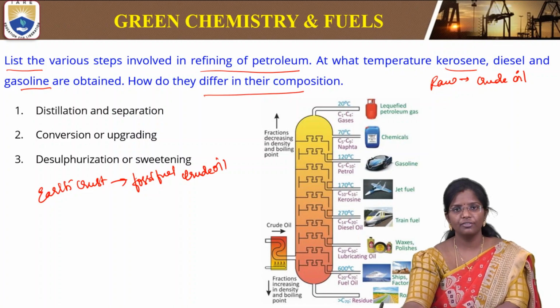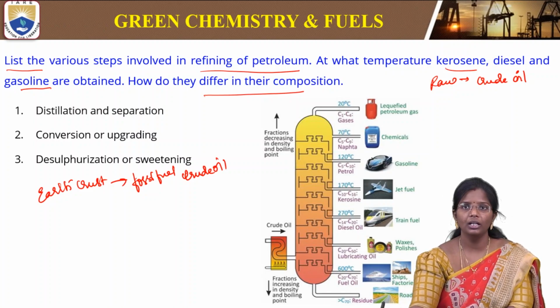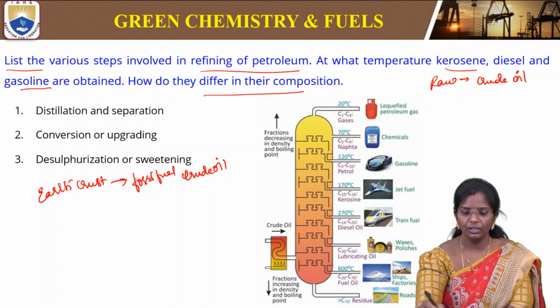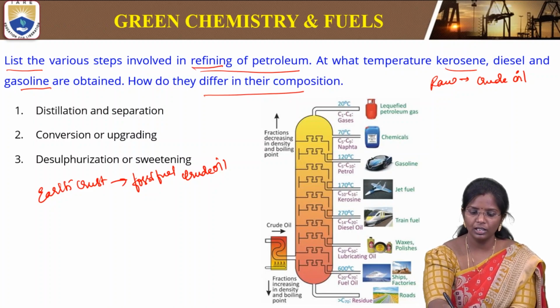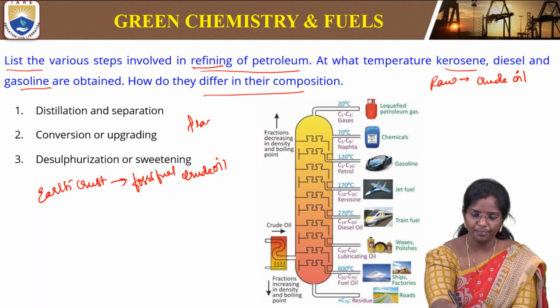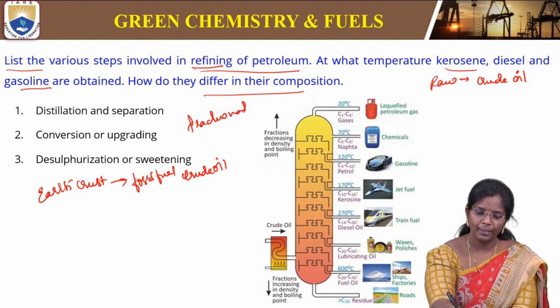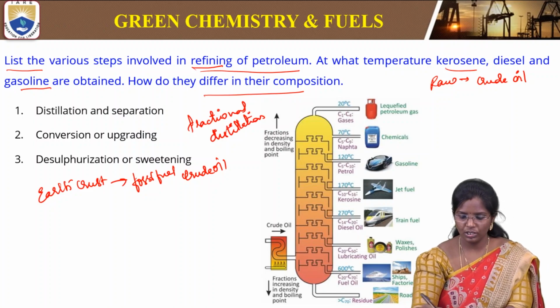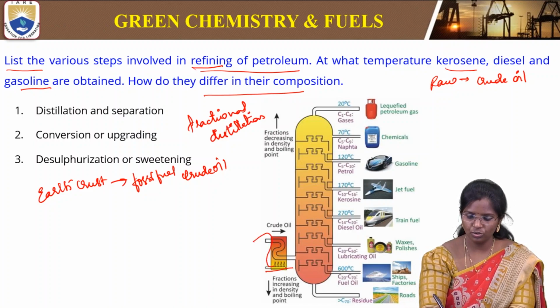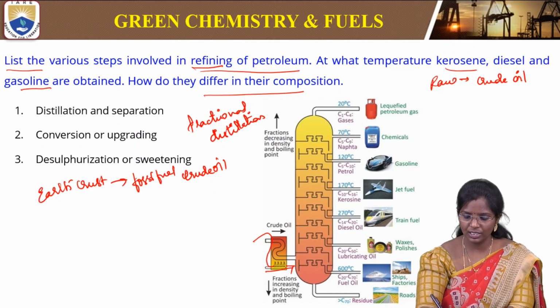Before we use it for any purpose, it must be refined. For that we use the refining of petroleum, that is the fractional distillation procedure, wherein we subject the oil to heat. The crude oil is sent to the heating chamber, and fractions increasing in density and boiling point are obtained.